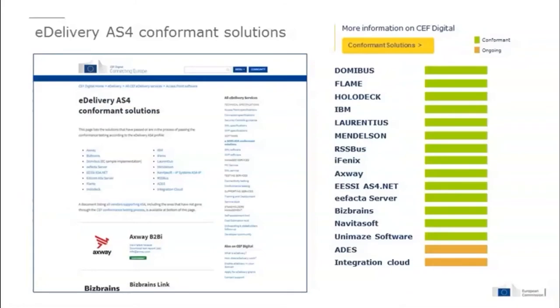As we explained, eDelivery is indeed a specification, and for it, you can find multiple different products. To become a product conformant to the eDelivery AS4 specification, vendors have to run what we call the conformance testing. We offer such a service to the vendors, and many of them have already executed it and are now declared conformant to the eDelivery AS4 profile.